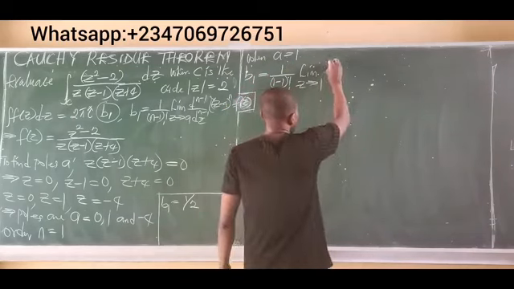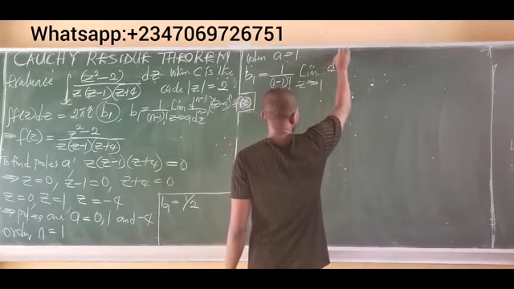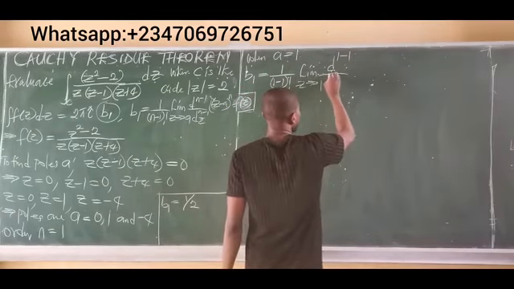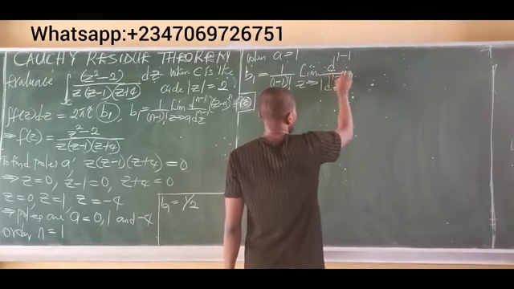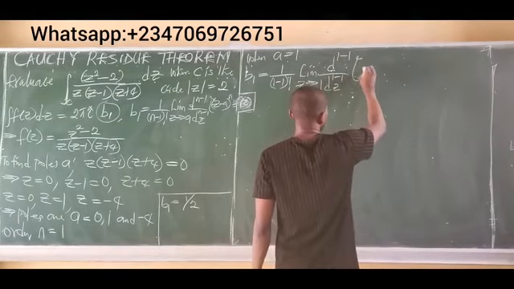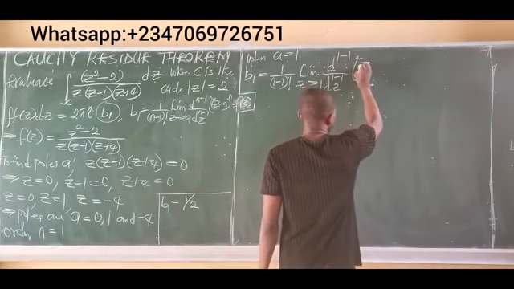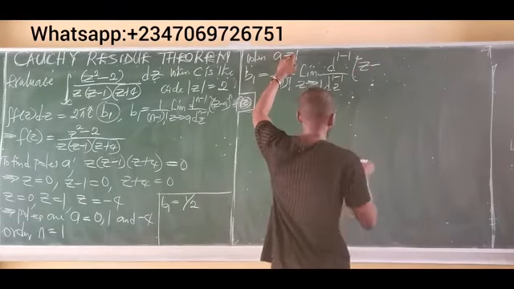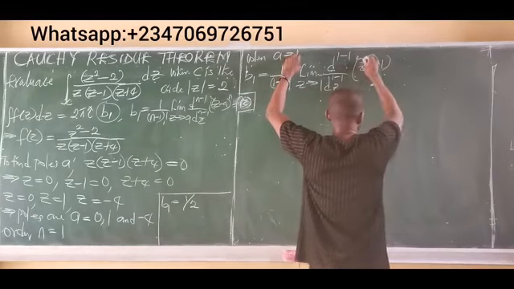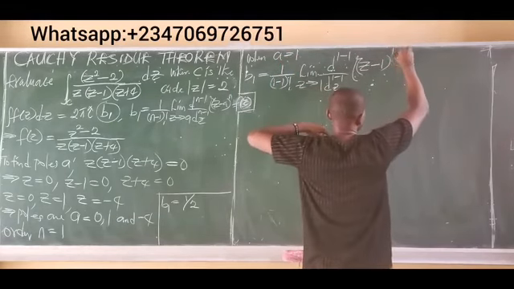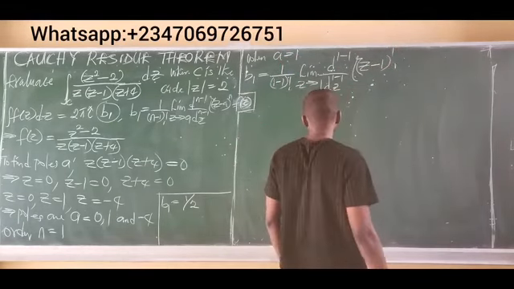As z tends to 1, you have the derivative of order n minus 1, which is 1 minus 1, of z minus A to the power of n. Now z minus A is z minus 1, and n still remains 1, times f of z.